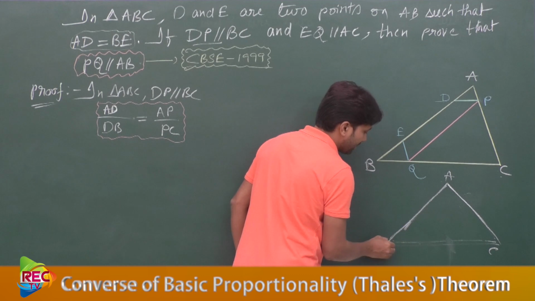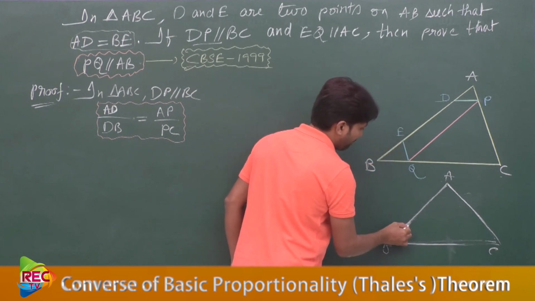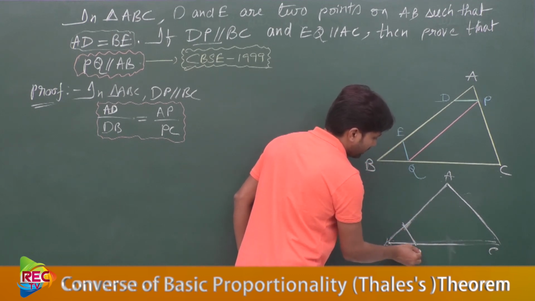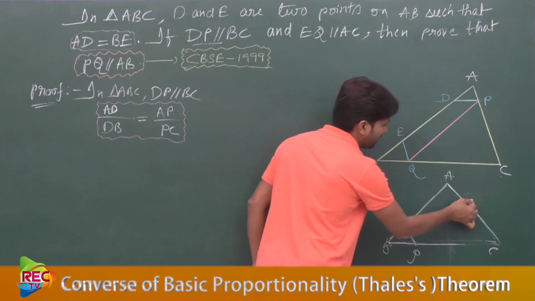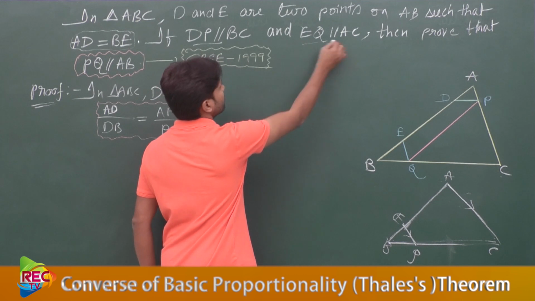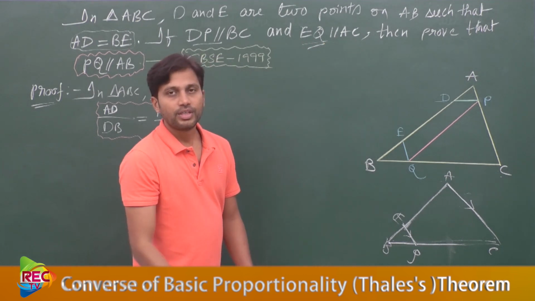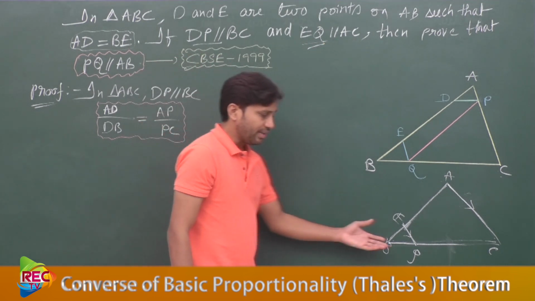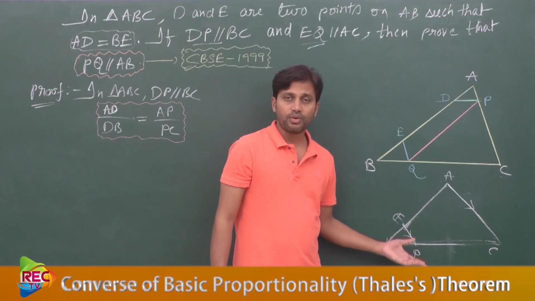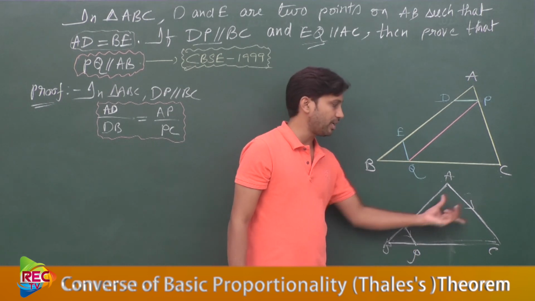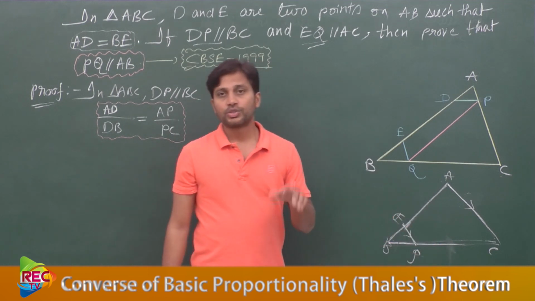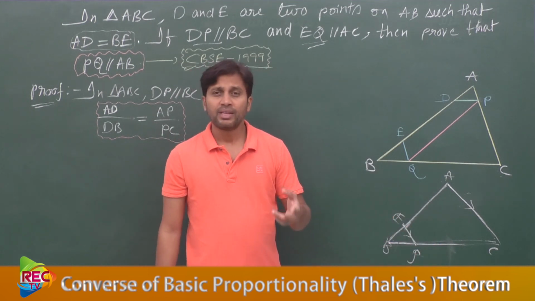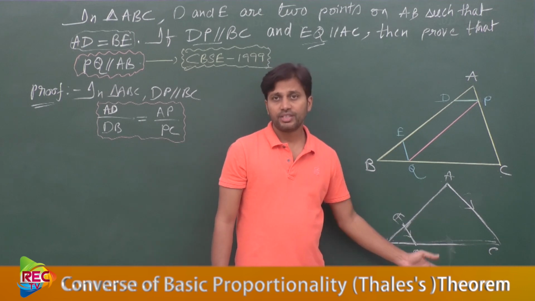Now just consider QE, and they said that EQ is also parallel to AC. Again, can we apply the basic proportionality theorem over here or not? Because this line is parallel to one of the sides while intersecting the other two sides. So therefore, we can apply the basic proportionality theorem here also.